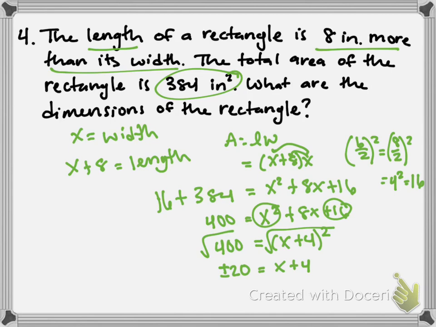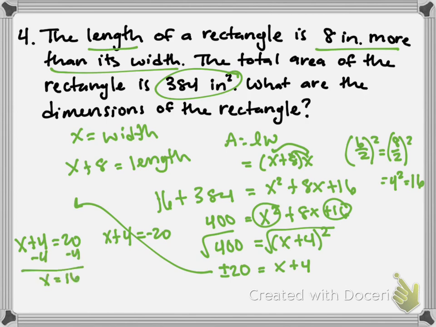All right, so I would have x plus 4 equals 20, x plus 4 equals negative 20. Subtract 4, so x is 16. Subtract 4, and x is negative 24. All right, we are talking about the length of a rectangle. Can we have a negative side length? Nope.